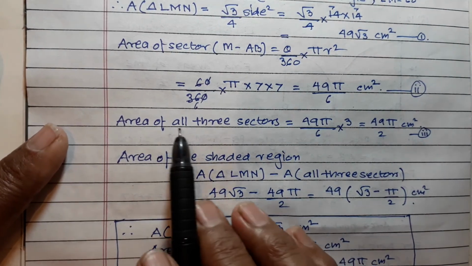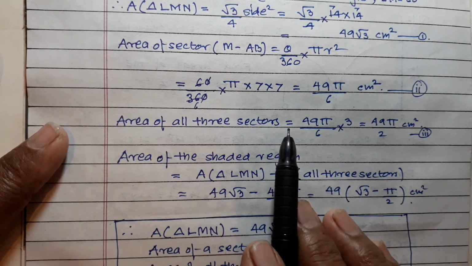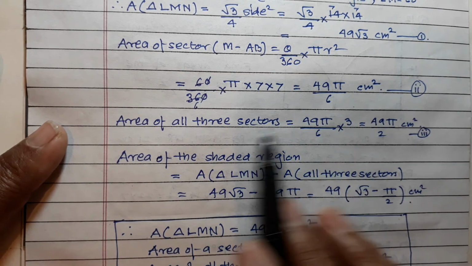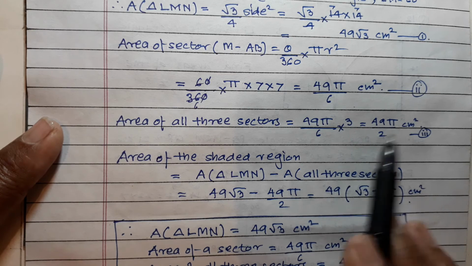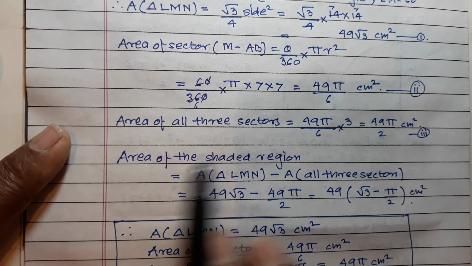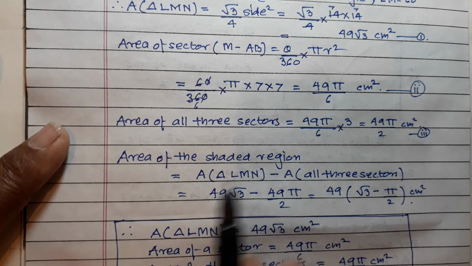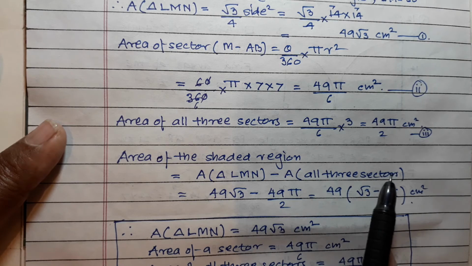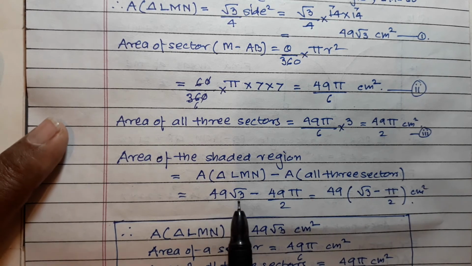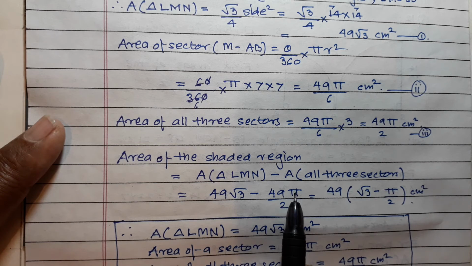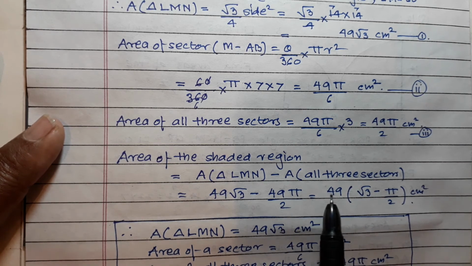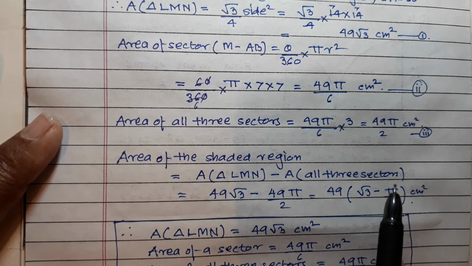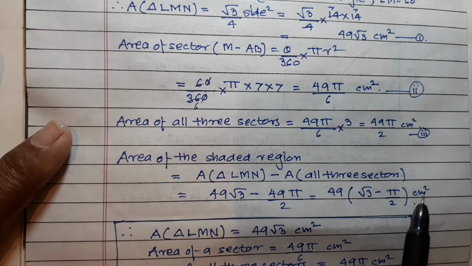And therefore area of all three sectors is equal to 49 pi upon 6 into 3. Simplify this, you will get 49 pi upon 2 cm square. Now area of the shaded region is equal to area of triangle minus area of all three sectors, and is equal to 49 root 3 minus 49 pi upon 2. Here you take 49 common, into bracket root 3 minus pi upon 2 cm square.